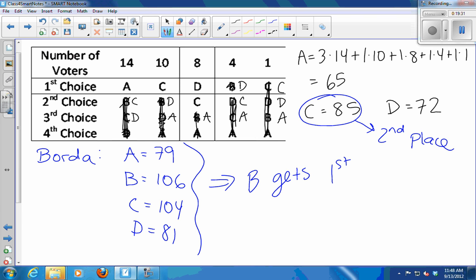Now I eliminate C and have a runoff for not last place. So A and D. At this point, my preference schedule is looking a little messy. Maybe I'll just make a new one. Once C is gone, I'm going to have AD 14, and all the rest are going to go DA, right?